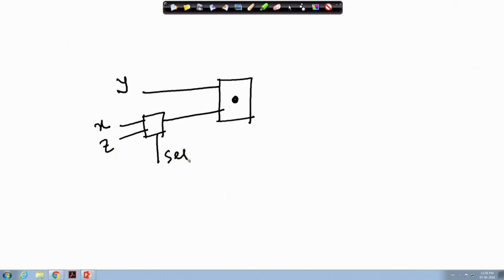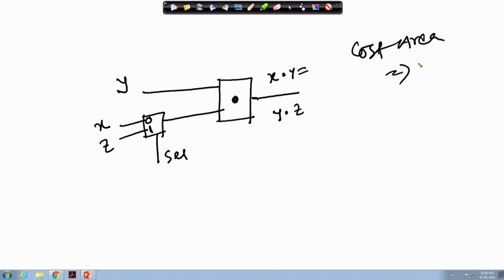So select, this is when select is 0. At that time it will select y. If select equals 1, then y will be multiplied with z. So that means x star y when select equals 0, and y star z when select equals 1. So here what is the cost? 1 multiplier plus 1 multiplexer.